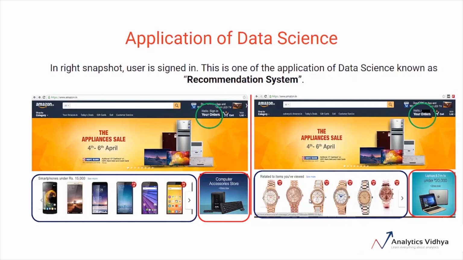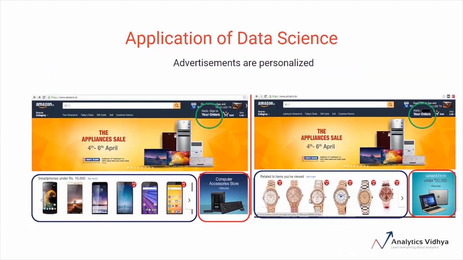This is one of the popular applications of data science called recommendation systems. Basically, Amazon is collecting data about user behavior and using it to recommend more relevant product to its users. Hence, the advertisements being shown to the user are personalized and are based on their past behavior.